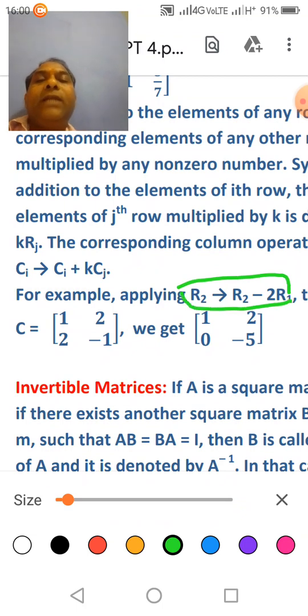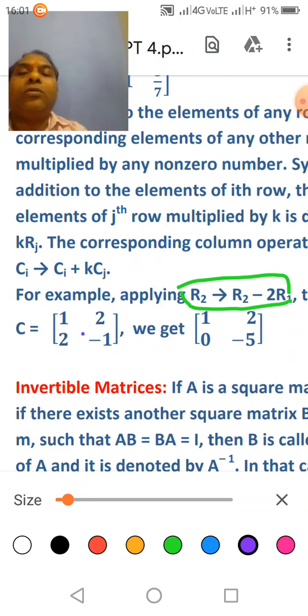Clear? So it means you have to change R2 by applying the above operation. Now you have to subtract from the corresponding element of R2 twice the corresponding element of R1. Clear? Suppose here R2 is changed by R2 minus 2 R1.